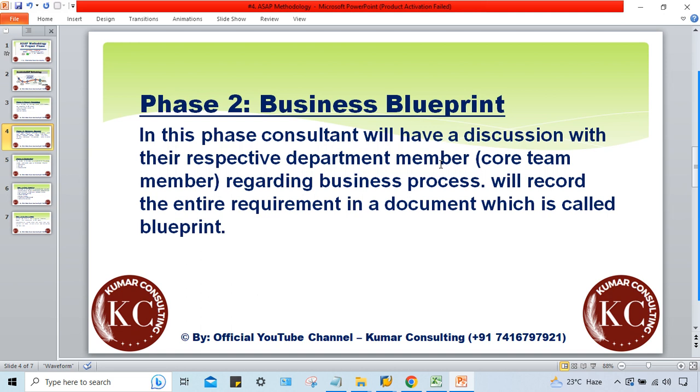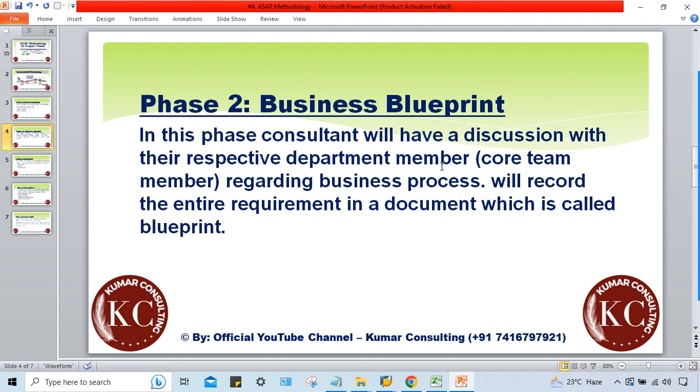The core team member is going to gather all the required information, and then finally the core team member will pass this information on to us, and then we can perform our configurations. So this is how the work is going to be simple.